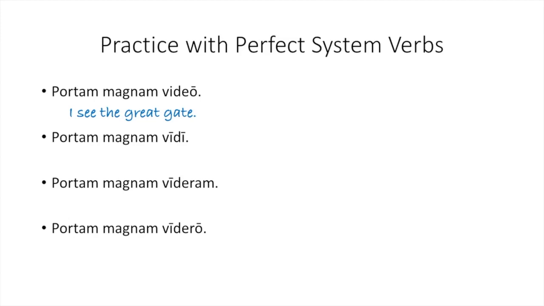Then if we change our verb video to vidi, our perfect form from our present form, I saw the great gate. We're only changing how we translate the verb. You could also have said, I have seen the great gate. And why don't you try to translate these next two, portam magnam videram and portam magnam videro, and then check your work.